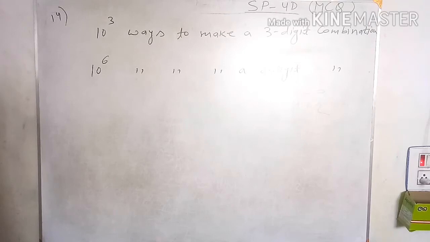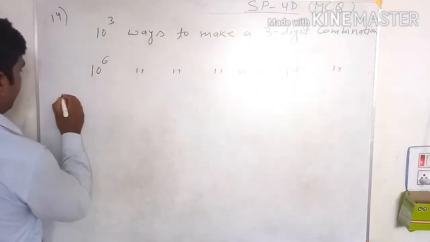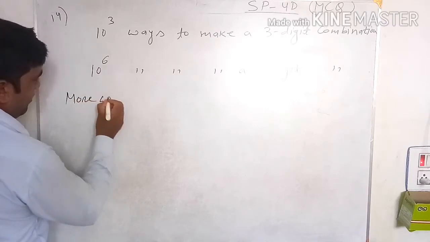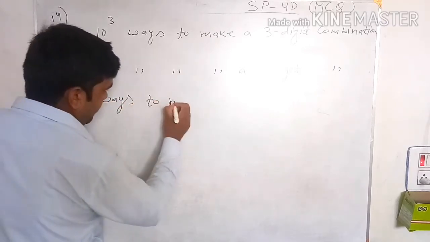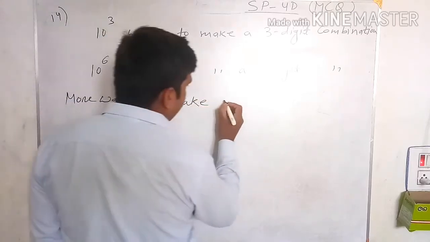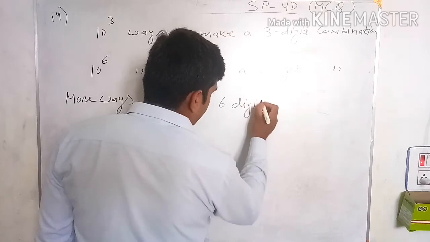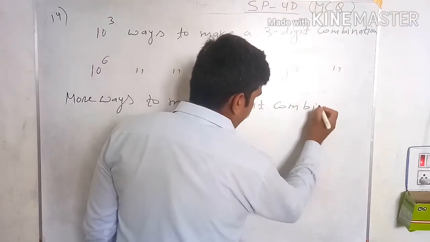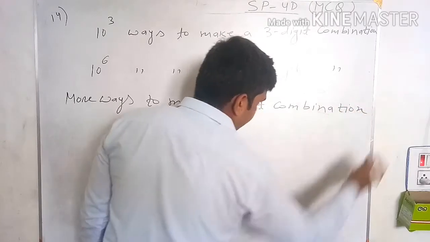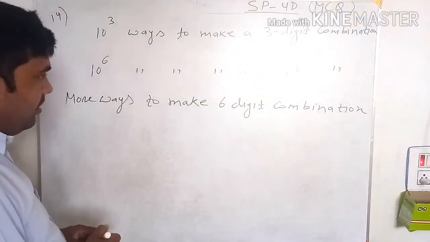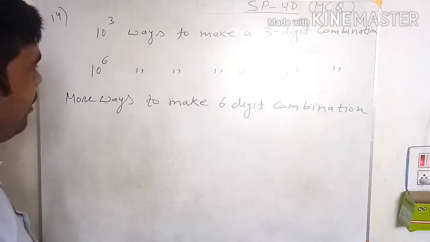The question is about more ways to make a 6-digit combination. So how many more ways are there?